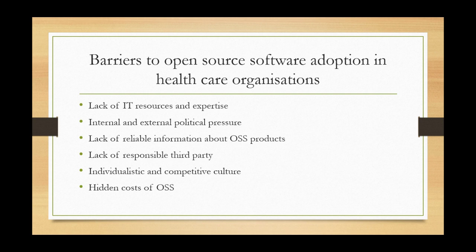Another barrier is the lack of reliable information about open source software products. People are not aware of the benefits, of how beneficial and how essential open source software could be. As we know, many software products have people called salespersons who advertise and promote their software.